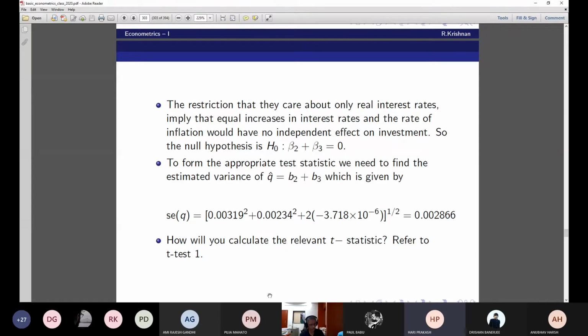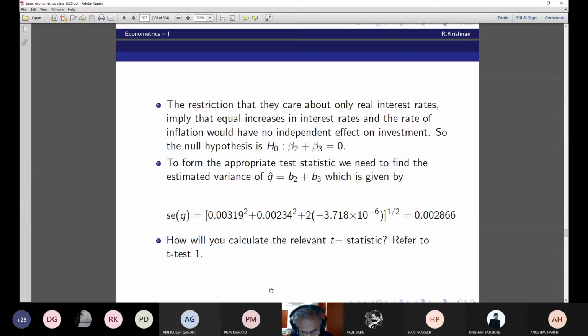Sir, no idea, sir. Actually, how do you calculate t-stat? How do you calculate t-stat in this case? What is the hypothesized value? Sir, should I add both t-stats which are given?